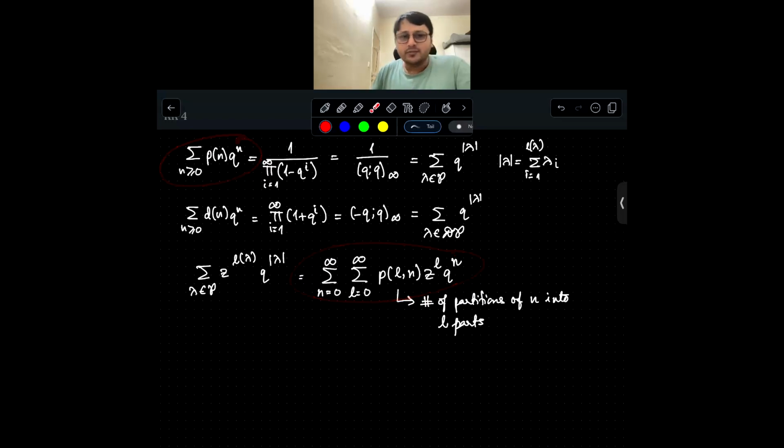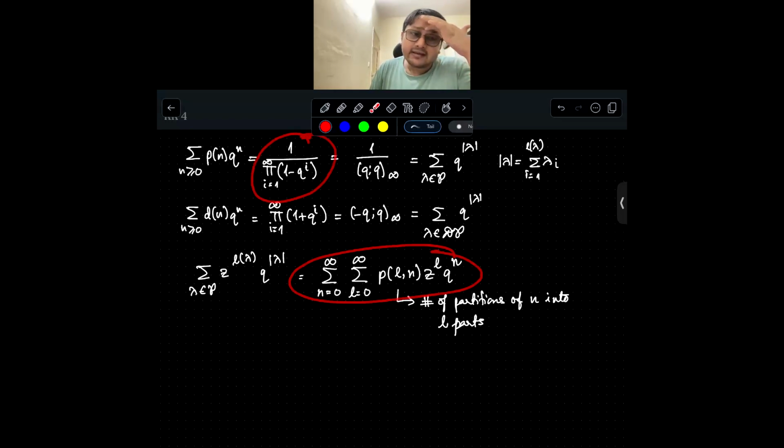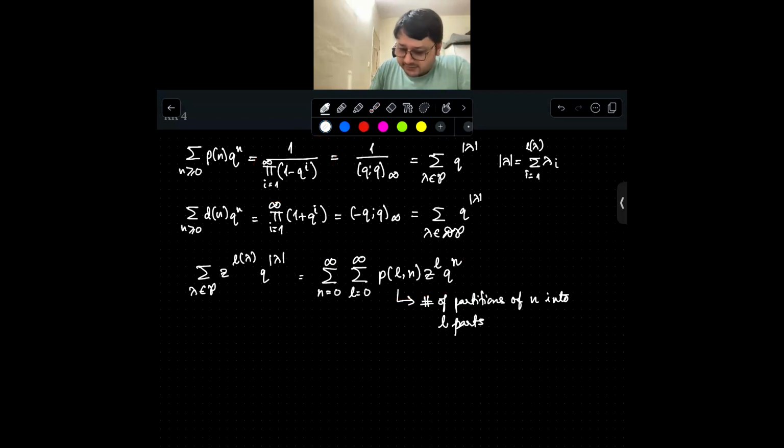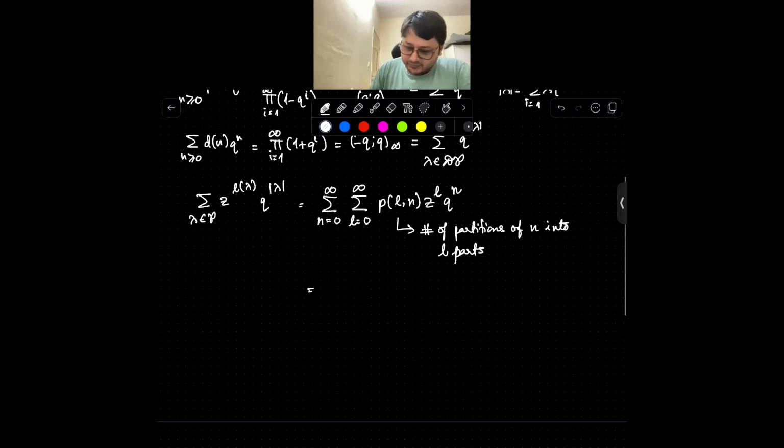Okay, and it would be nice if for this generating function we have some nice product formula of this type. If you think about this a little bit, you'll see that actually we have already seen what that product formula should be. And this is equal to, I'll write this down and I'll explain why this holds. This is nothing but 1 over (zq)_n, where n goes from 1 to infinity.